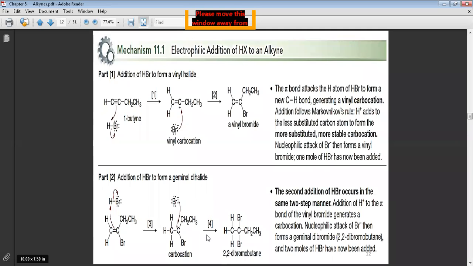If you have another molecule of HBr, it will be the same mechanism. Look, this pi bond also opens to attack the proton and gives you a carbocation. If you have rearrangement, you have to check it. Remember that we have carbocation.